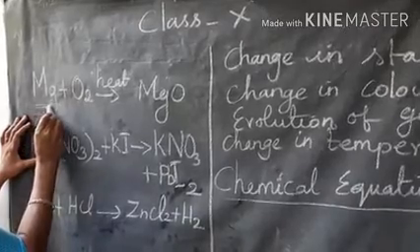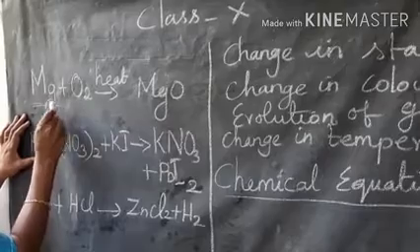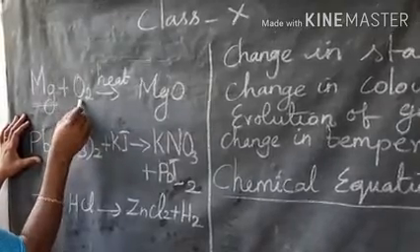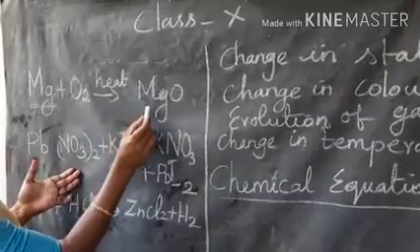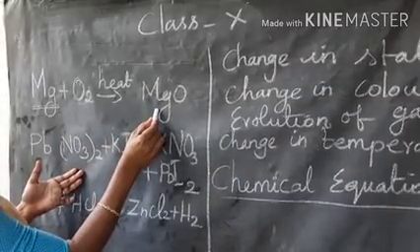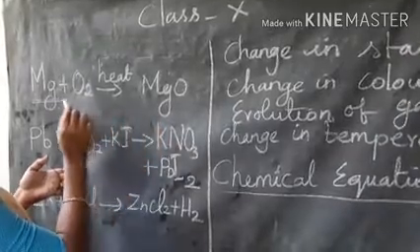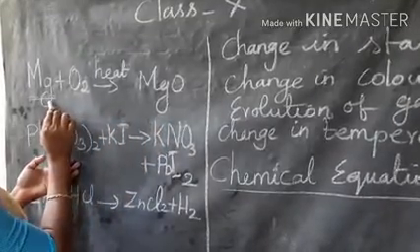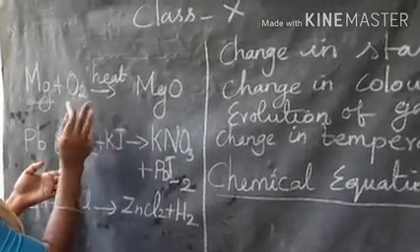Okay, a piece of magnesium ribbon is burned. While burning, it is reacting with oxygen and gives magnesium oxide. Okay. While burning magnesium, we can observe two things.